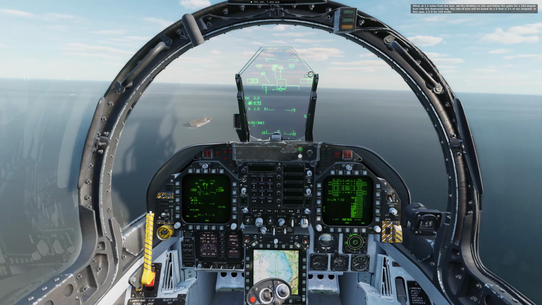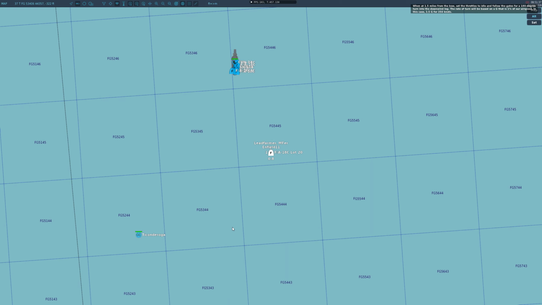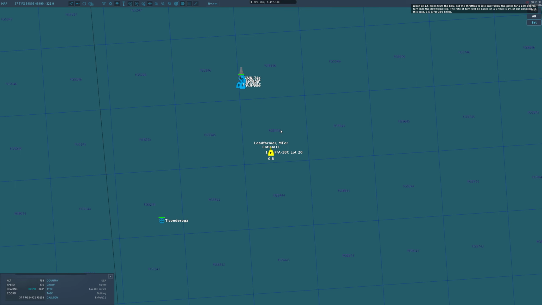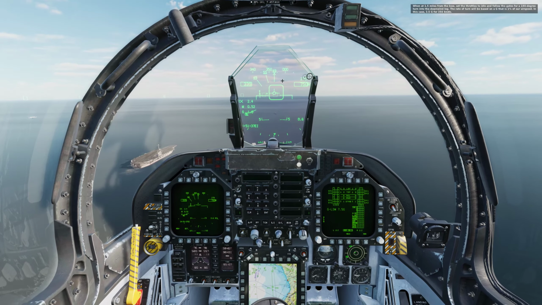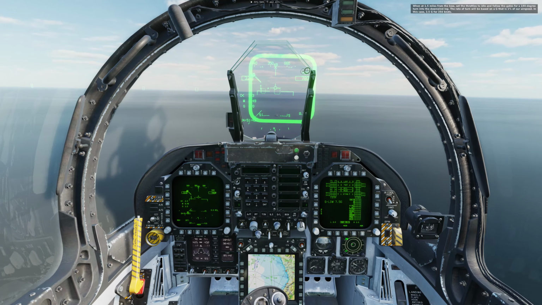The rate of turn will be based on a G that is 1% of the airspeed, in this case 3.5 G for 350 knots.